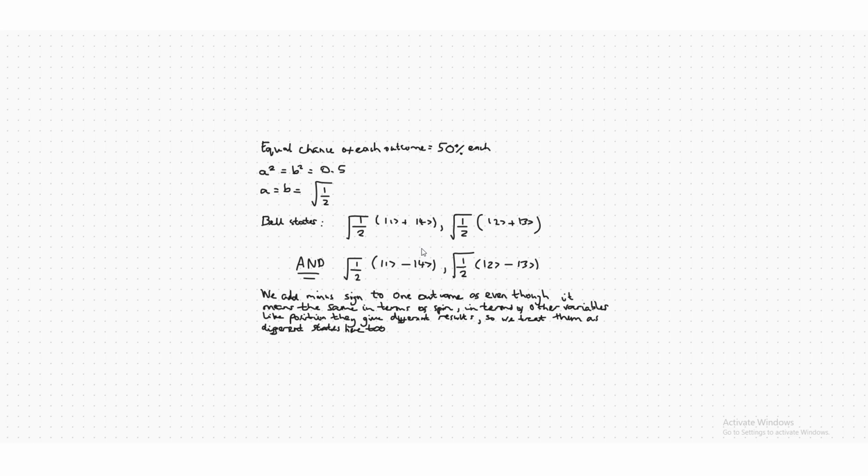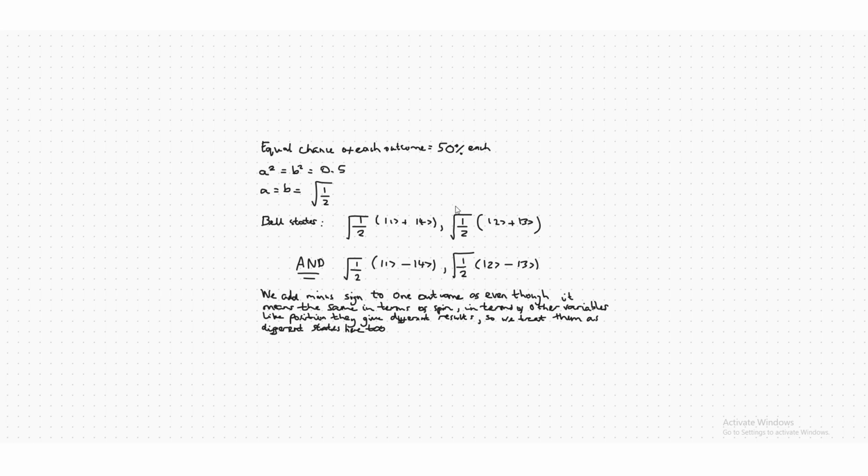In other bases, for example, position, momentum, energy, each of these two quantum states, or Bell states should I say, will give you completely different results. So we treat them separately as separate states here too. So that leaves us in total with 4 Bell states.